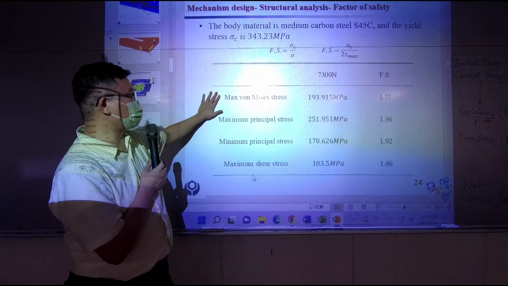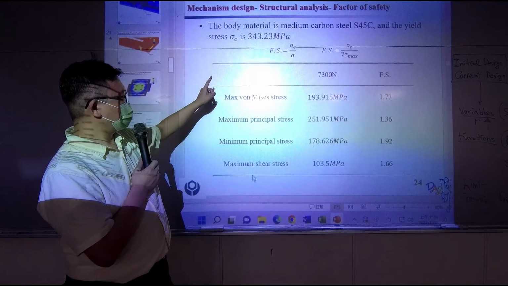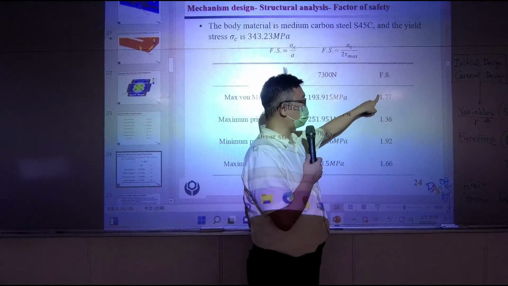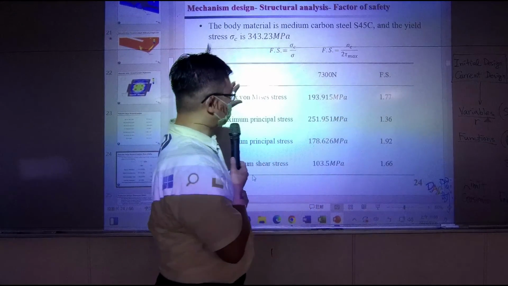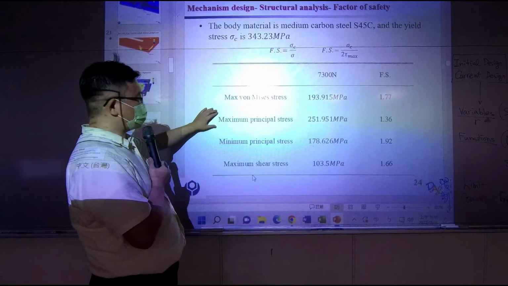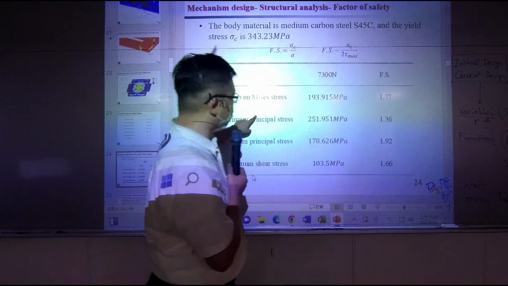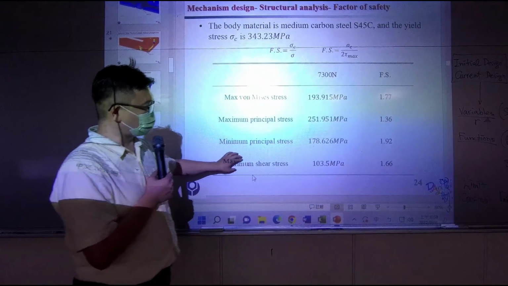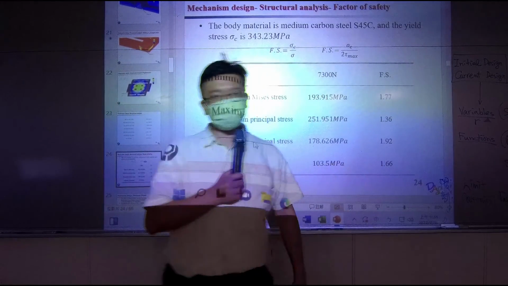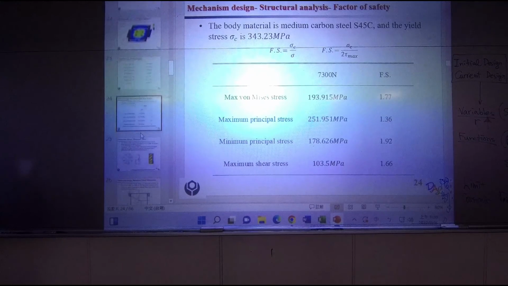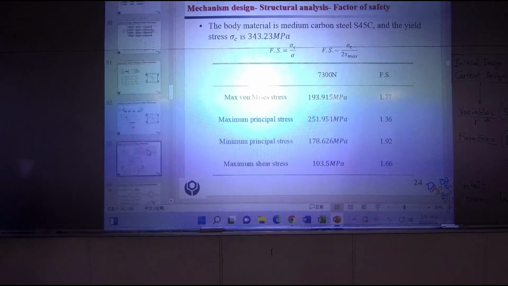From here you can tell von Mises stress gives a greater safety factor because it's less conservative. Maximum principal stress is right here. Then this is the maximum shear, just like what we have learned in the class.